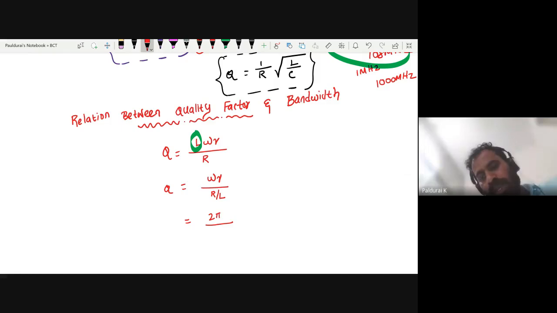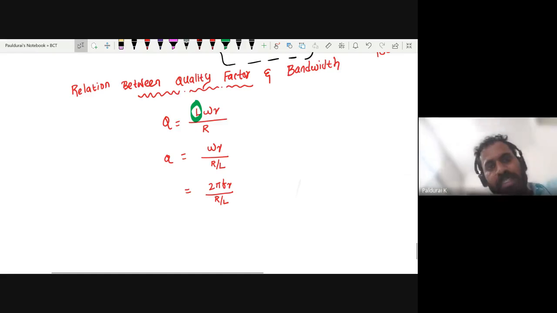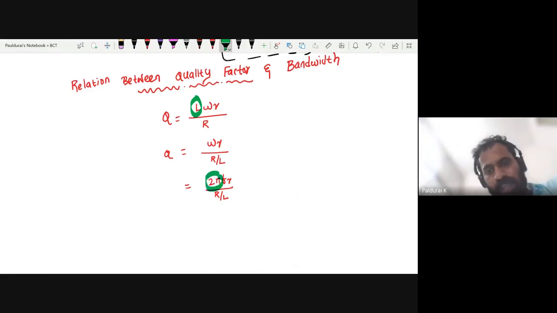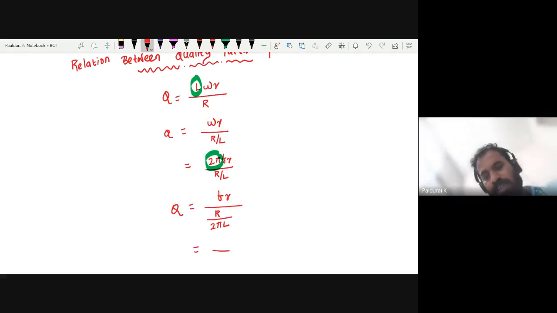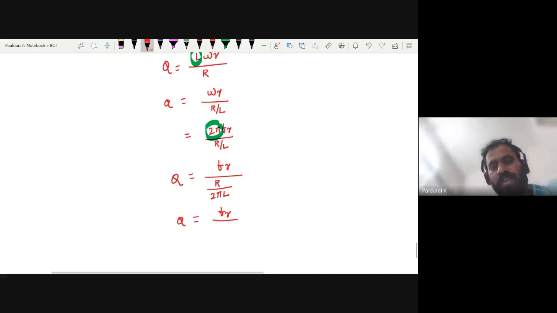It is 2 pi FR. Now bring this 2 pi to the denominator. It becomes FR divided by R divided by 2 pi L. Can I write like this? Now what is this, R divided by 2 pi L?